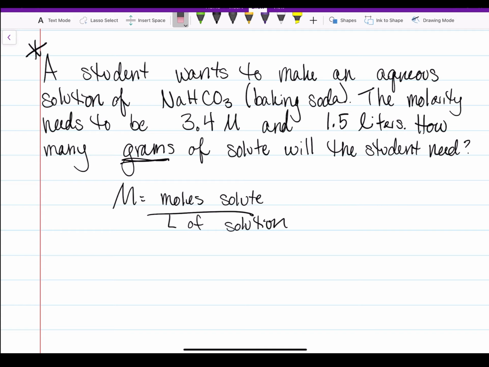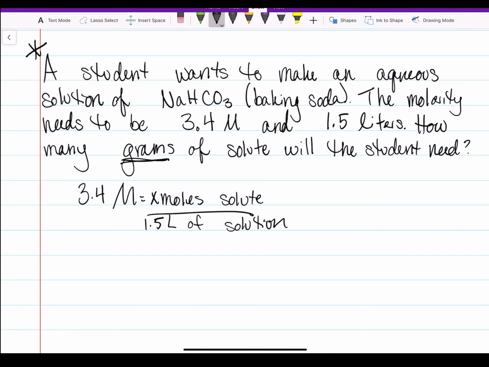So the first thing that we need to do is figure out moles on its own. And then once you have moles, you need to convert using the molar mass to grams, so using some dimensional analysis. So go ahead and solve for moles of solute, and then we will set up the mole to gram conversion together. But go ahead and pause the video and solve for moles.